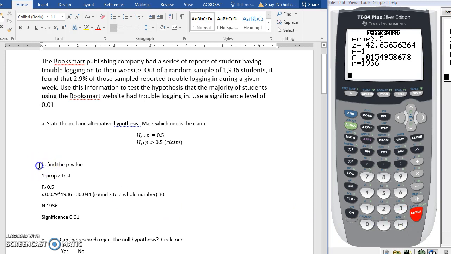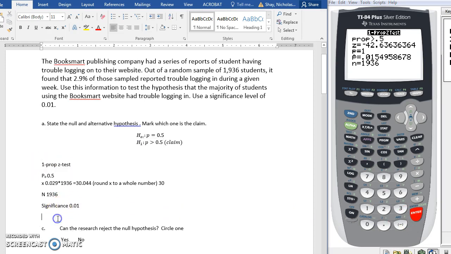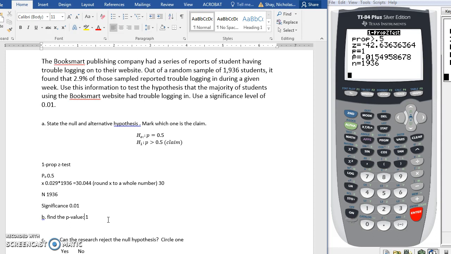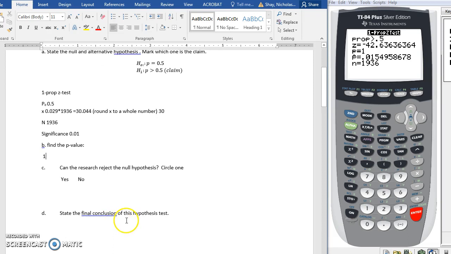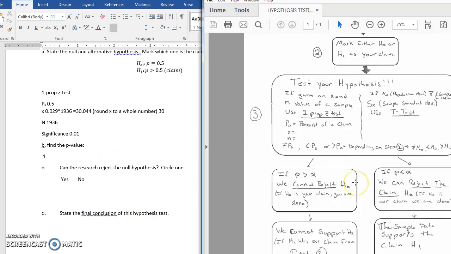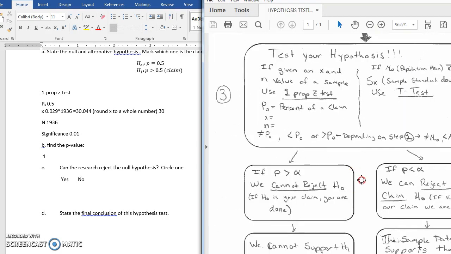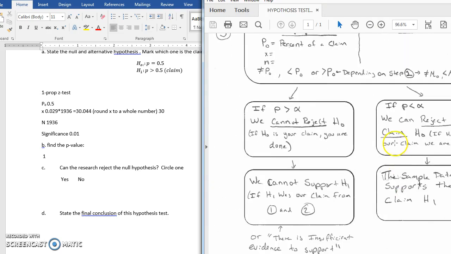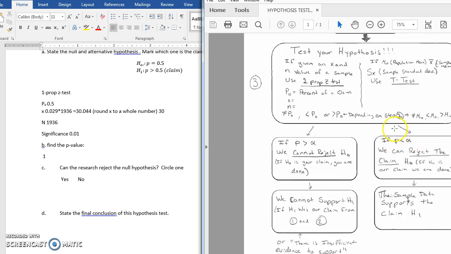It says find the p-value. The p-value is 1. Now it says, can we reject the null hypothesis? This is where we're going to focus down here, because this is very specific about how we write our conclusion. Is p greater than alpha or is p less than alpha?